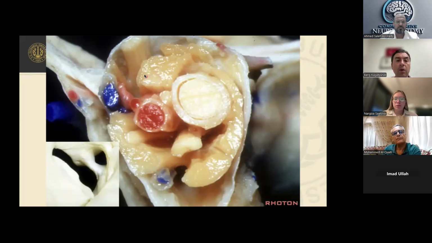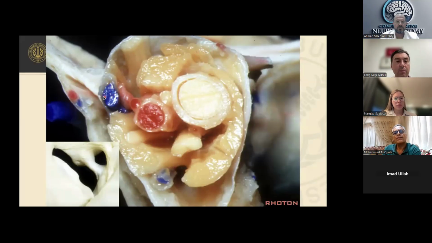So here the third nerve is already divided. The superior division of the third nerve is adjacent to the superior oblique muscle, the inferior division of the third nerve adjacent to the inferior oblique muscle, and here is the sixth nerve, which is located just medial to the lateral oblique muscle, which it innervates, and there is the fourth nerve just at the roof.